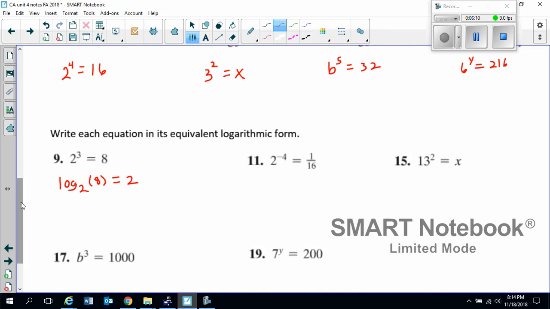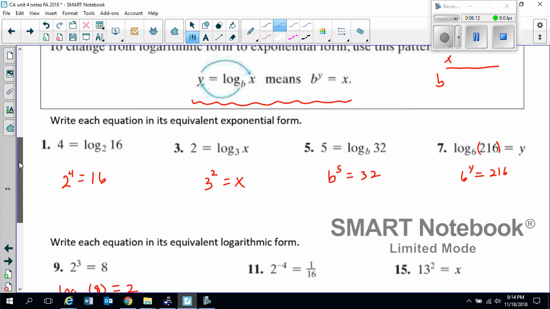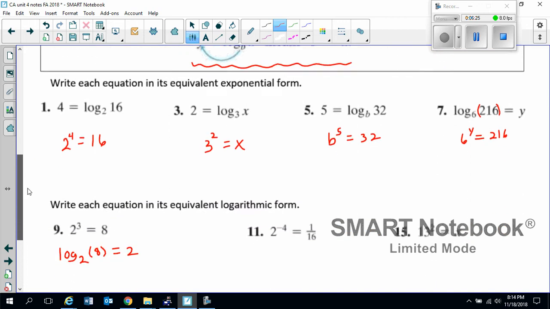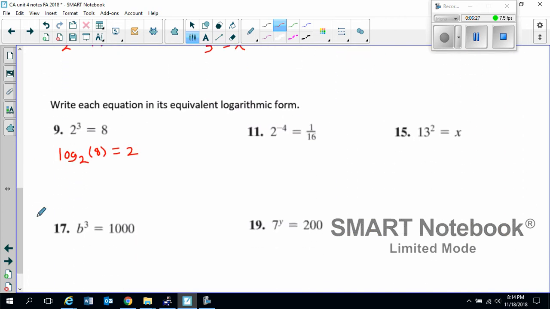So if you go back up to the definition, it did say that our values X and the B value need to be positive, but it didn't say anything about Y, your result. Okay, so it is possible to get negative results, and I just want to point that out because you're going to see it on this next one. Because we do have a negative value, but that's okay because it's our result. And so this is log base 2 of 1 over 16 equals -4. So it's okay for this, your result, to be negative.